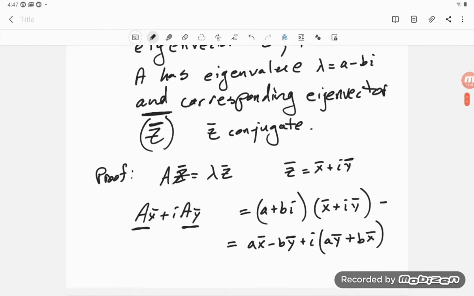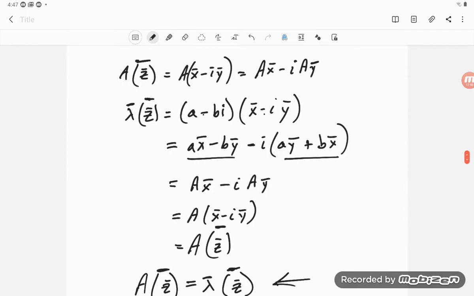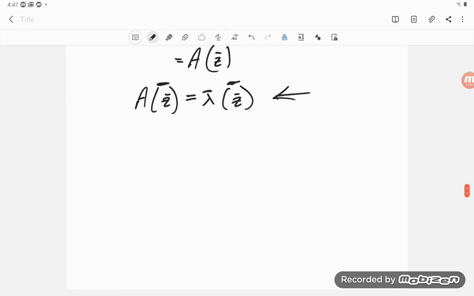Let's see, I think I have an example of this. I just need to find what I did with it. Oh, here we go. Okay, so suppose A is equal to the matrix 4, minus 2, 1, 2.